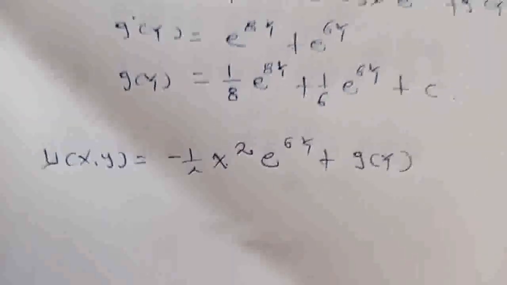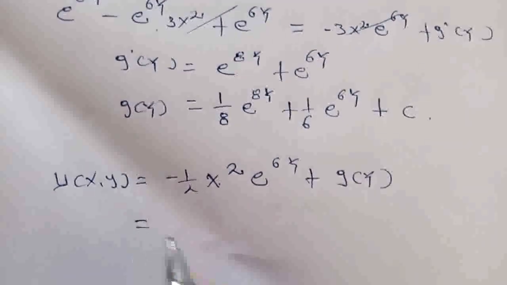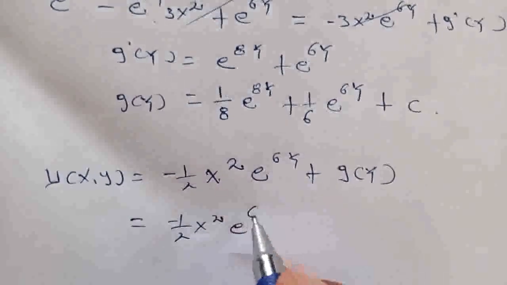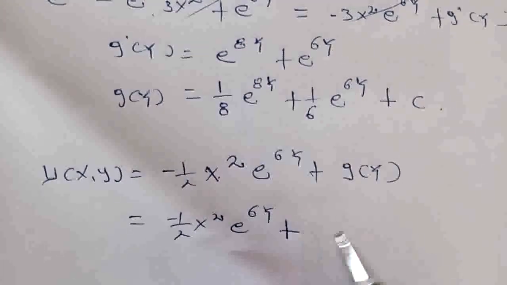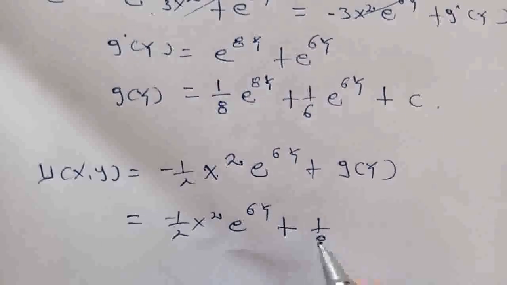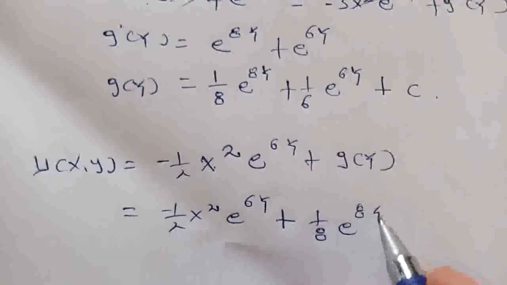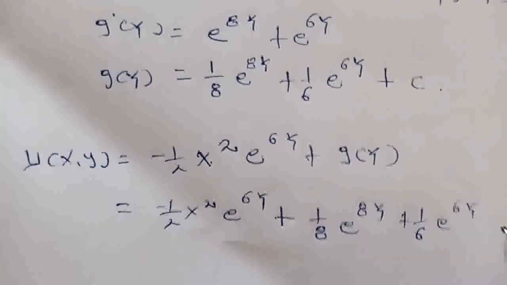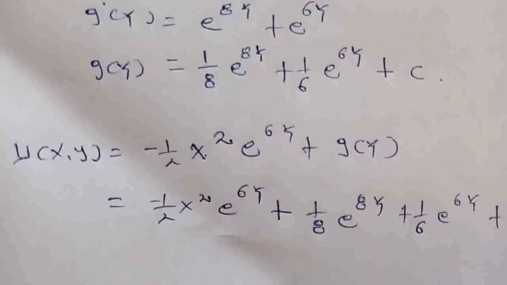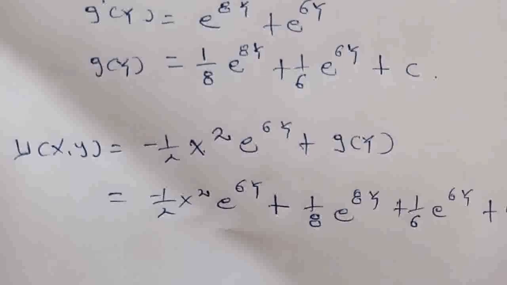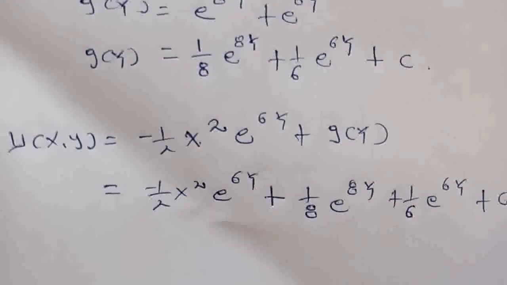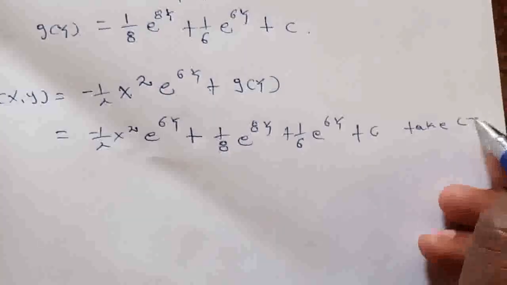G of y is here, which is 1/8 e to the power of 8y plus 1/6 e to the power of 6y plus what we have, let it be c. Now simply take c equal to 0.